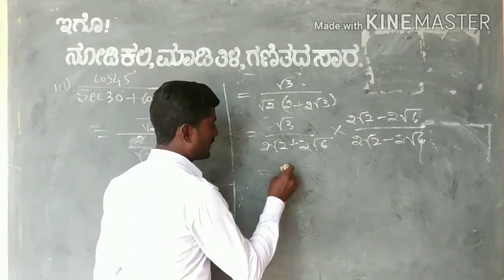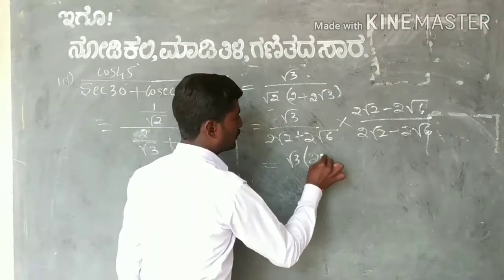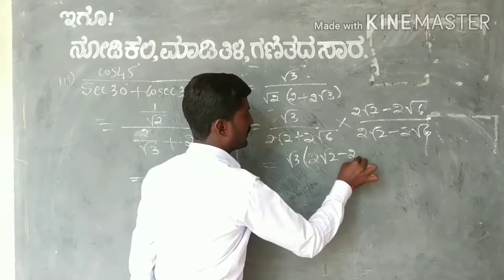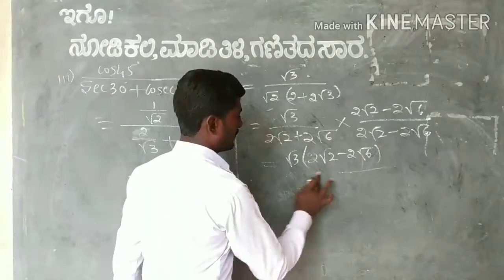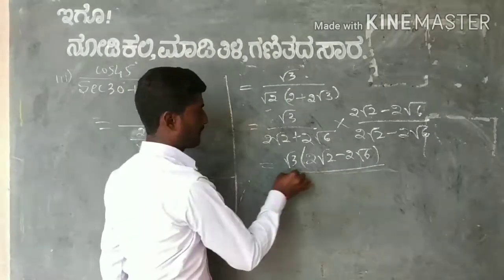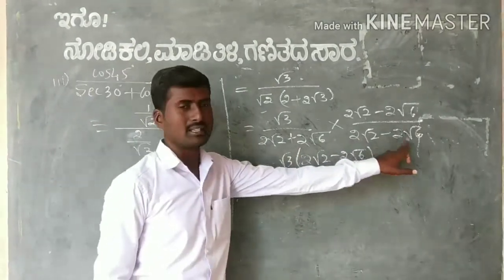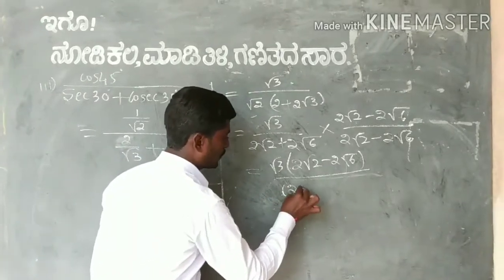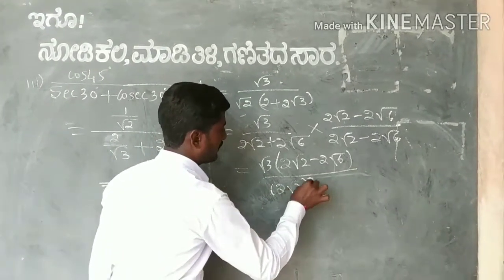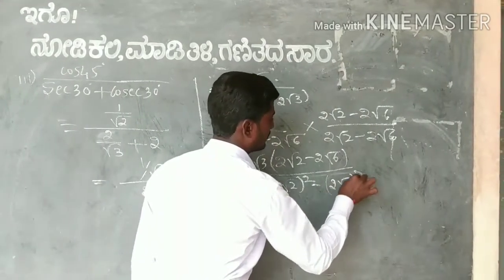Numerator root 3 into 2 root 2 minus 2 root 6, divided by, this is of the form a plus b into a minus b, that is a square minus b square. So that is 2 root 2 square minus 2 root 6 square.